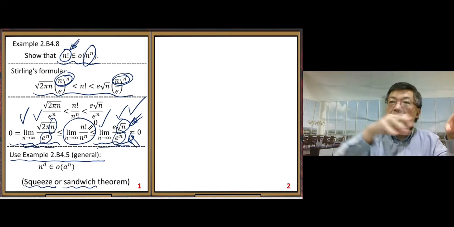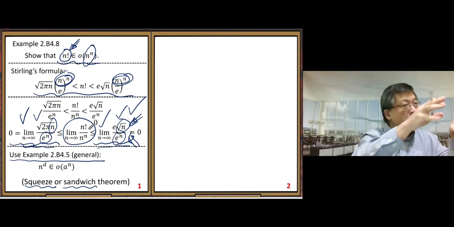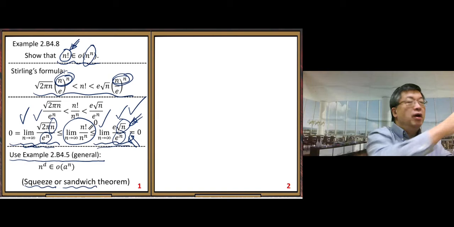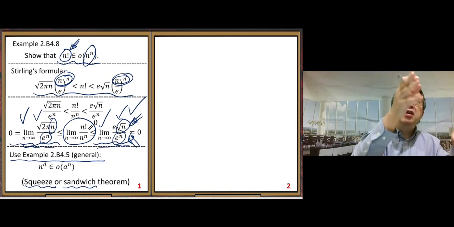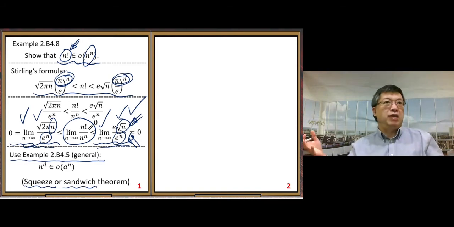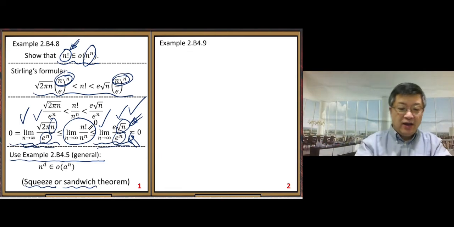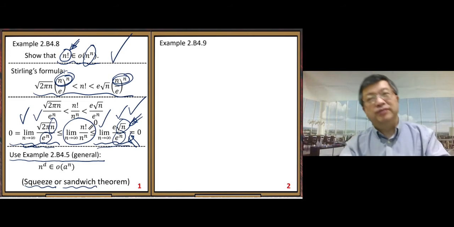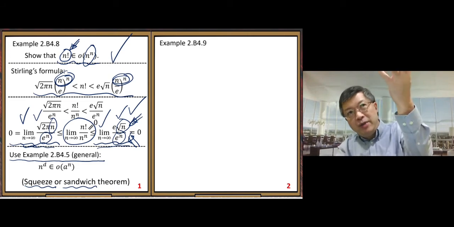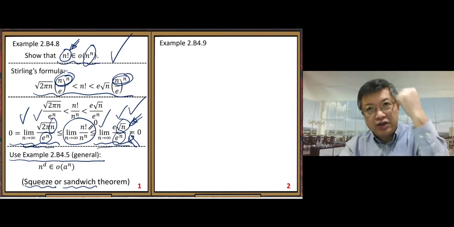You cannot be greater than 0. You cannot be less than 0. So you can only be 0. That logic is very simple. All right, so we get the answer. So we show little o. After we get that 0 limit, that's the little o.